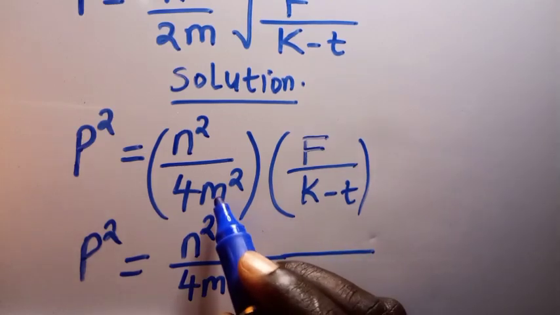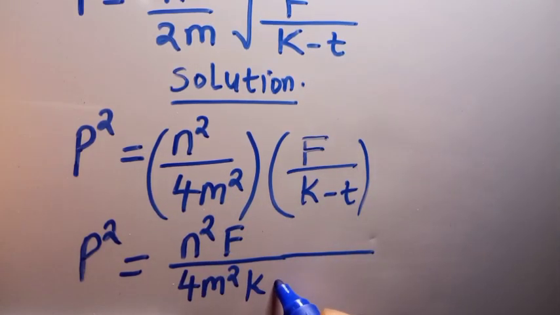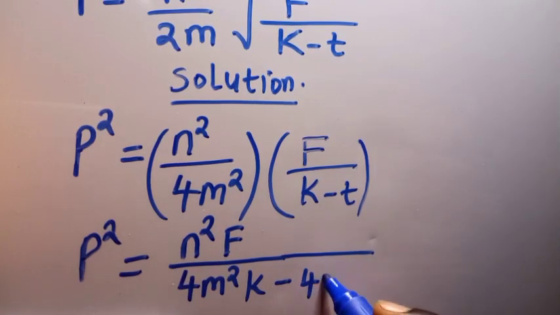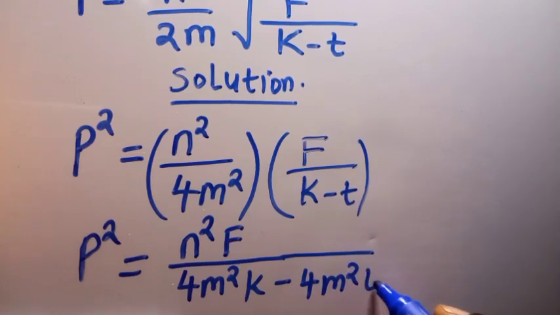Then 4m squared times negative t, it will be negative 4m squared t.